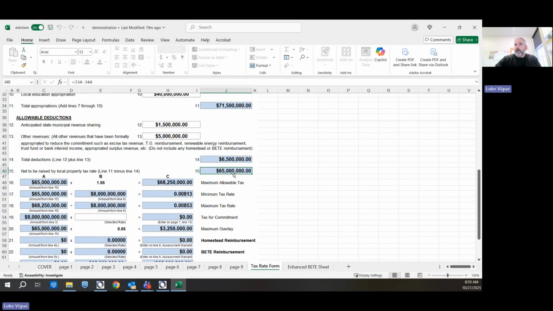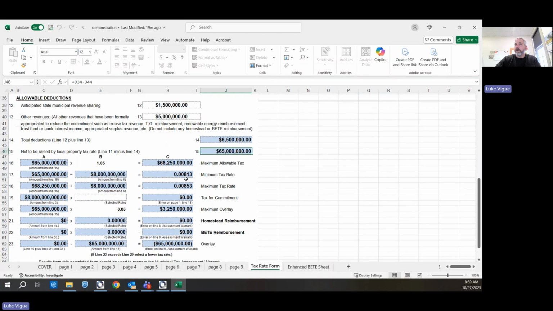When you do that, you're going to get a number. It's right here. It actually is 0.008125. This rounds it. That number is your mill rate. It's your tax rate. And if you take the decimal point and move it over 3 places here, you'd have a tax rate of $8.13.